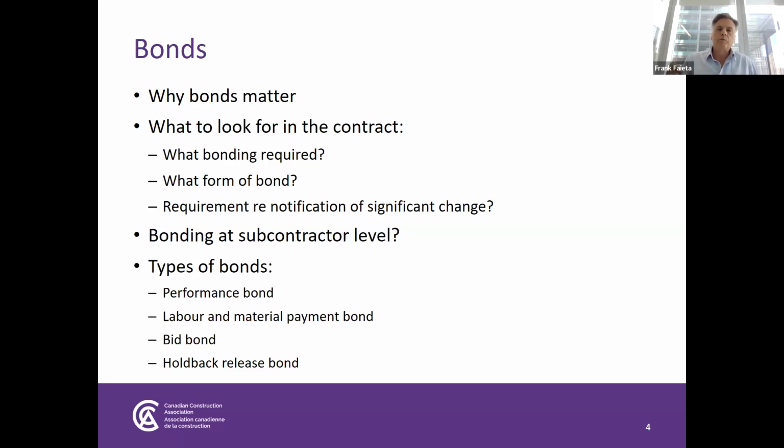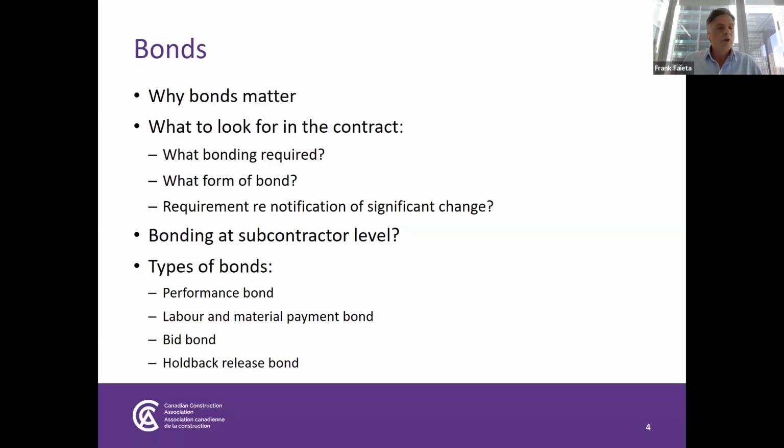Now, there are some specific bond forms around subcontractors that have been designed, that are on the market now, that operate a little bit differently than a performance bond that you would give to an owner. They are geared towards quick response and minimal disruption to the project, because that's the last thing you want as a contractor.